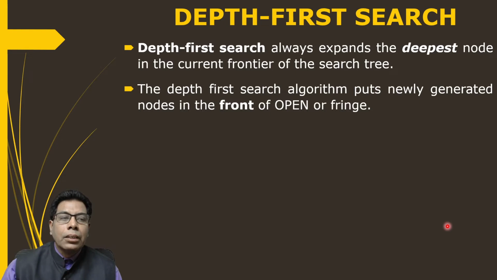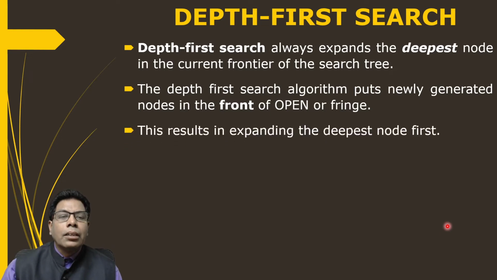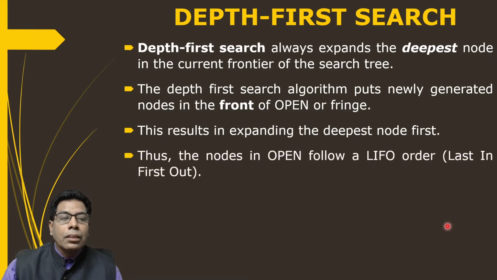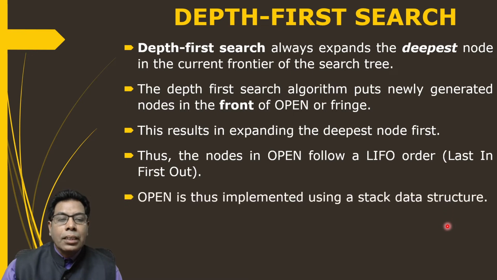That's why it always results in expanding the deepest node first. Then the nodes in open follow a last in first out, or LIFO, order. That means they are implemented using the stack data structure. So the structure for the fringe will be the stack, and it will follow last in first out order.